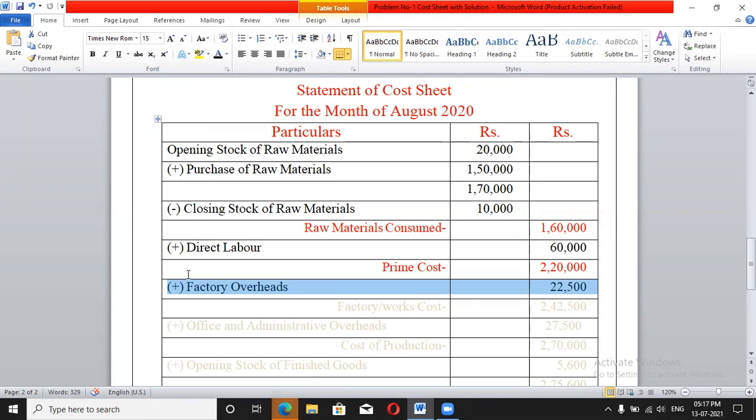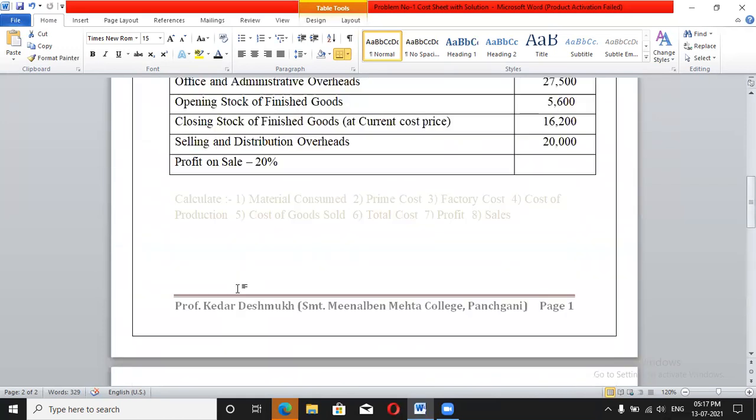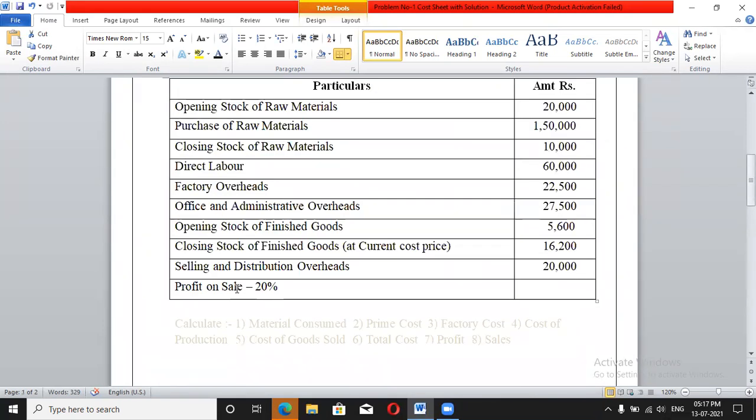So factory overhead, that is factory expenses, is given in the example. The amount of factory expenses is 22,500. It should be added to prime cost. Only one expense is given, factory overhead.